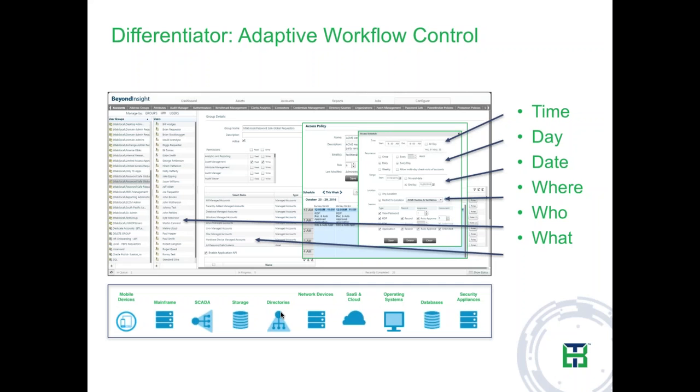Now, the key to all of this, the secret sauce, is something we call adaptive workflow control. And this is really, really simple. I mean, you've got groups of users. I've got groups from Active Directory here at the moment. I have also groups of managed accounts, so I've already got groups of, for example, my Linux systems, my Unix systems, my Mac managed accounts, Windows managed accounts.